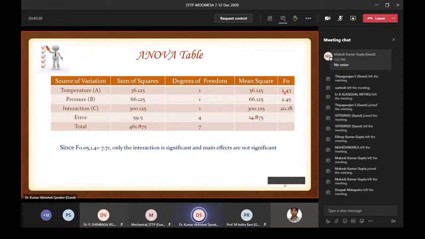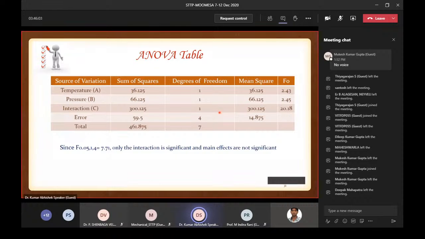Now you should find out the F value. F value is the mean square of the factor divided by the mean square of the error. So 36.125 divided by 14.875 will give 2.43. 66.125 divided by 14.875 will give 4.45. Similarly, for the interaction it will give 20.18.